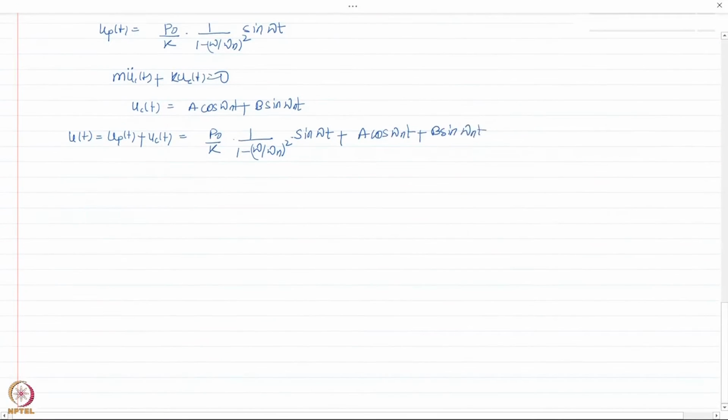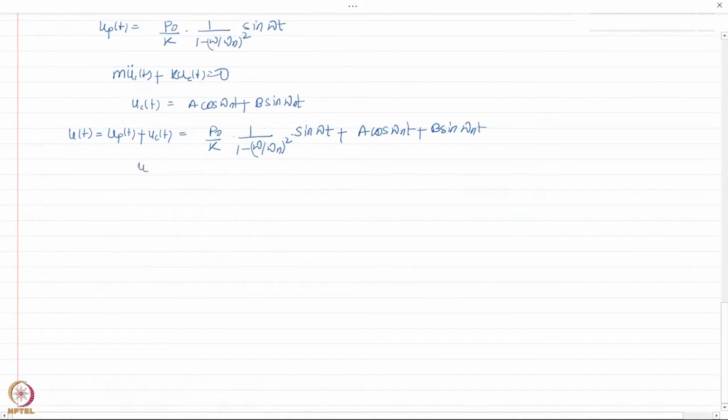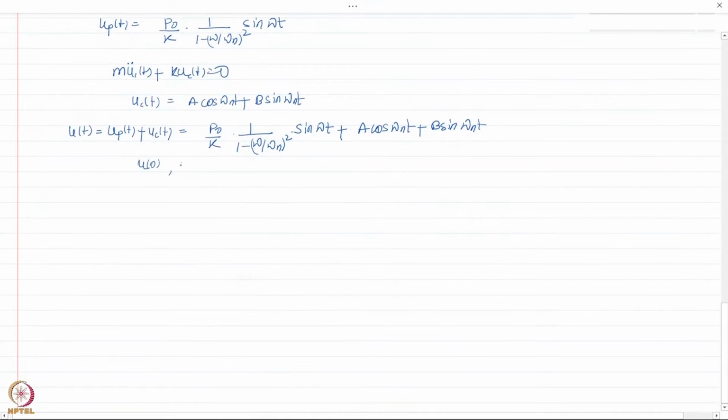Now I have two unknown constants here, a and b, which can be found by substituting, at t equal to 0, the initial displacement and the initial velocity. So you will need to differentiate it and then substitute again t equal to 0.